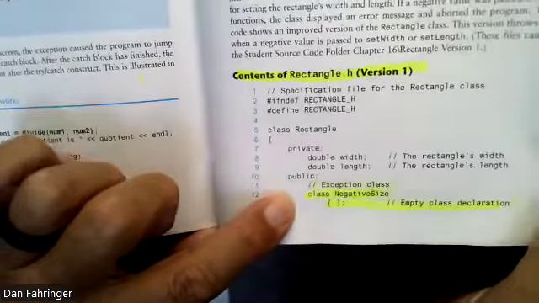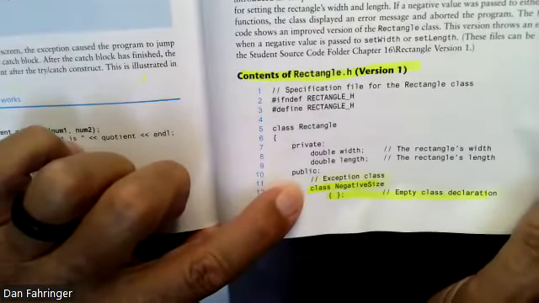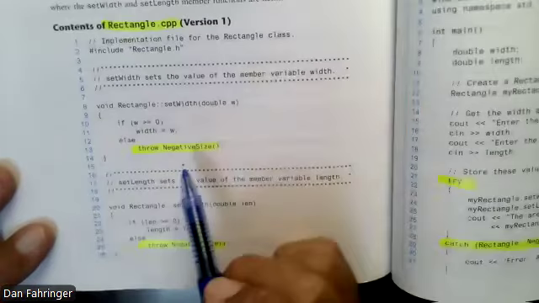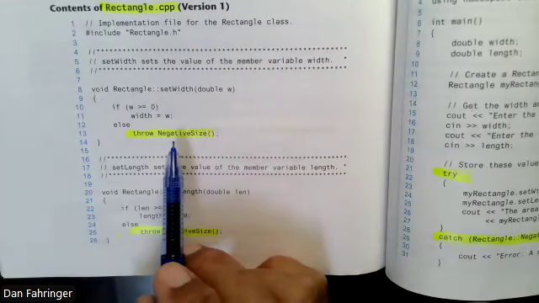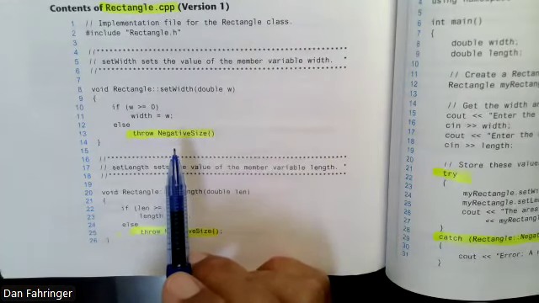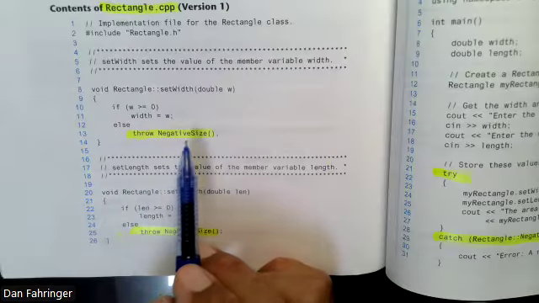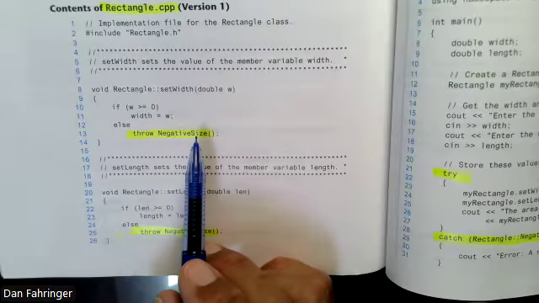What was this guy over here? Negative size is a class. Yeah. So this guy, when I call this, I'm kind of calling an object of this class. Not really doing anything, didn't even give it a name, but I'm throwing a negative size.